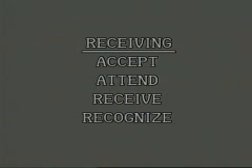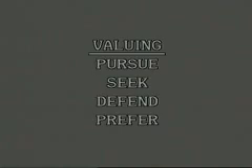In the area of affective domain, the verbs that can be used for receiving, which refers to being aware of phenomena, are accept, attend, receive, recognize. Verbs that can be used for responding, which refers to complying with a suggestion, could be comply, cooperate, discuss, respond. Verbs that can be used for valuing, which refers to accepting a value as a belief, can be pursue, seek, defend, prefer.